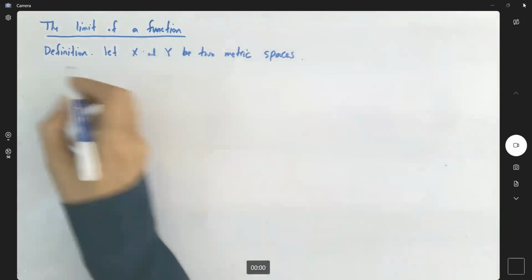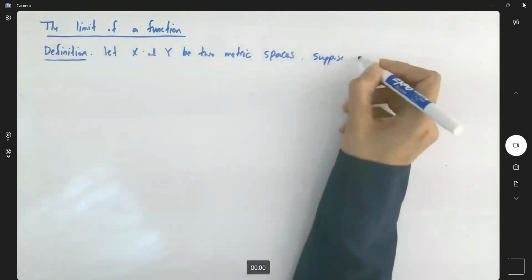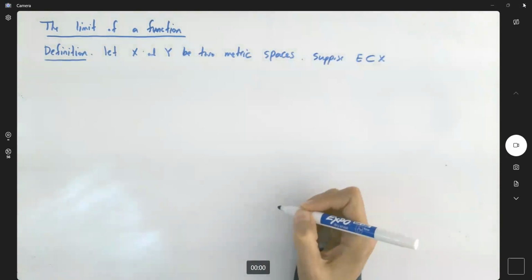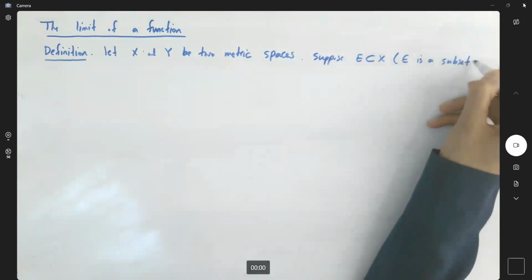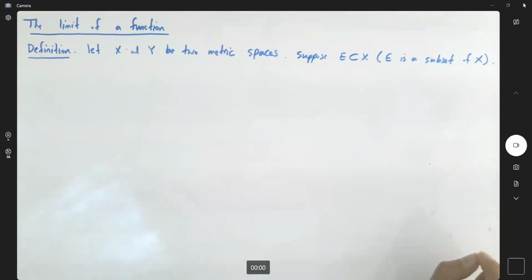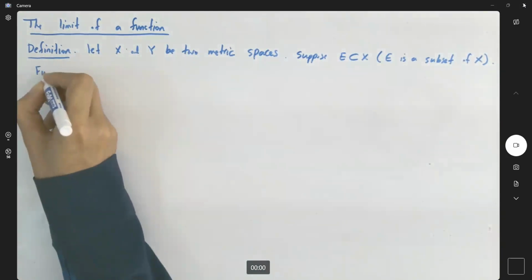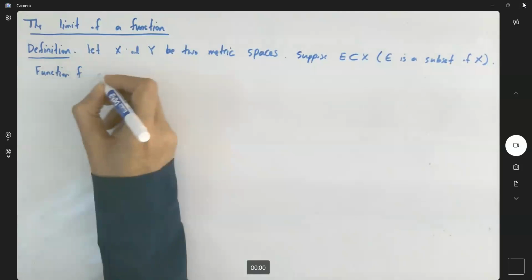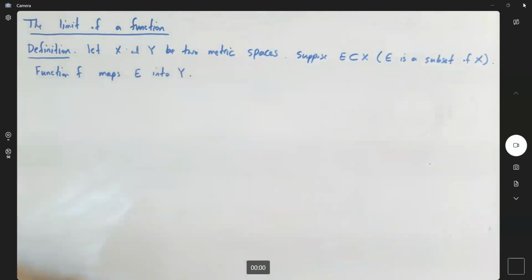Suppose E is a subset of X. Function f maps E into Y. Suppose P is a limit point of E.